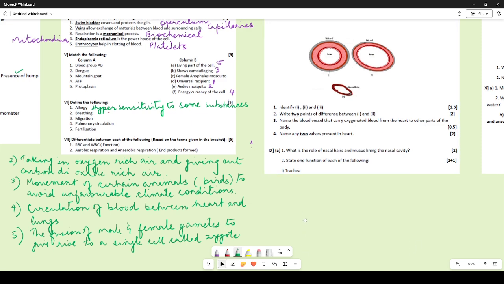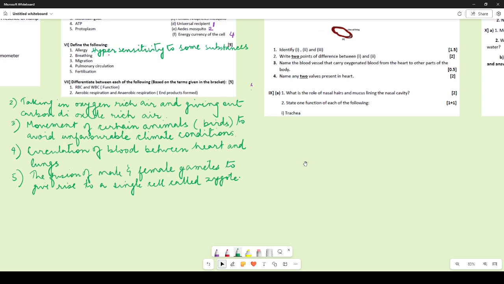Now let us check out the next two questions. This is: differentiate between RBC and WBC on the basis of their function. So you have to mention the function over here. RBC helps in transport of nutrients, or it also helps in transport of oxygen and nutrients.